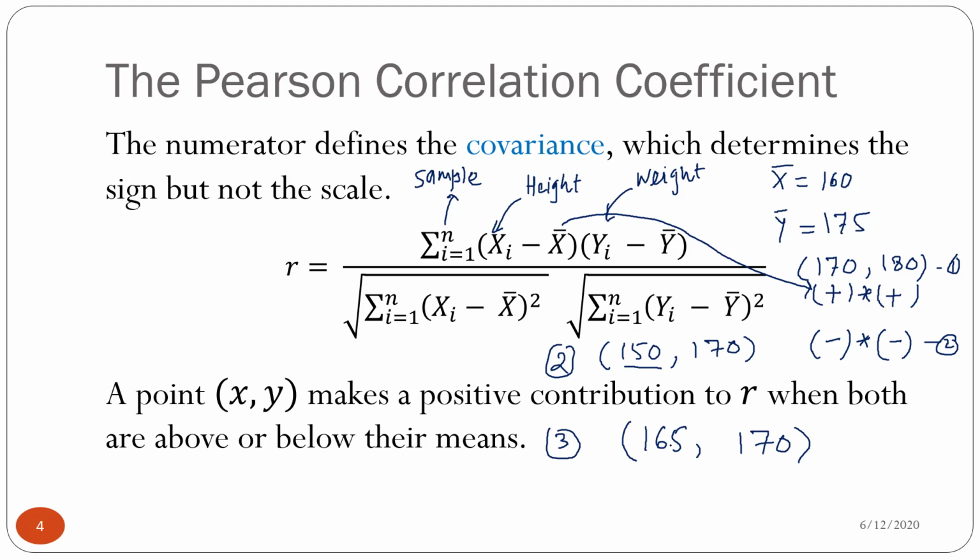Here if you do xi minus x bar, that's 165 minus 160, then this is positive. That means the height of the person is more than the mean. Good. And how about the weight? The weight, which is 170 minus 175, is negative. So when you do positive multiplied by negative, that is a negative, right? Which is not good news.